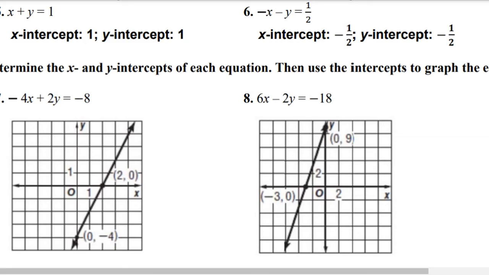Well, we plugged in 0 for x here and we solved for y and we got negative 4. That's how we knew. So you would just get a coordinate plane, plot the points, and then draw a line straight through. I hope that was easy for you guys and I hope y'all are understanding this. If you don't, just let me know.